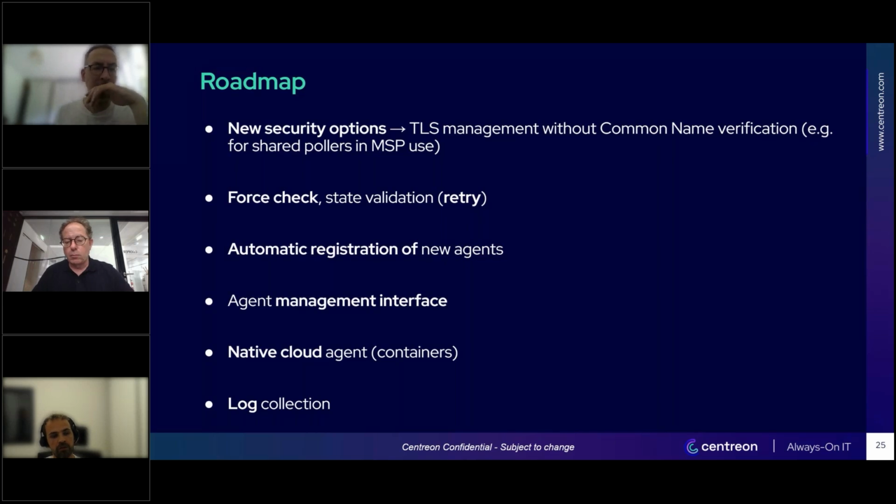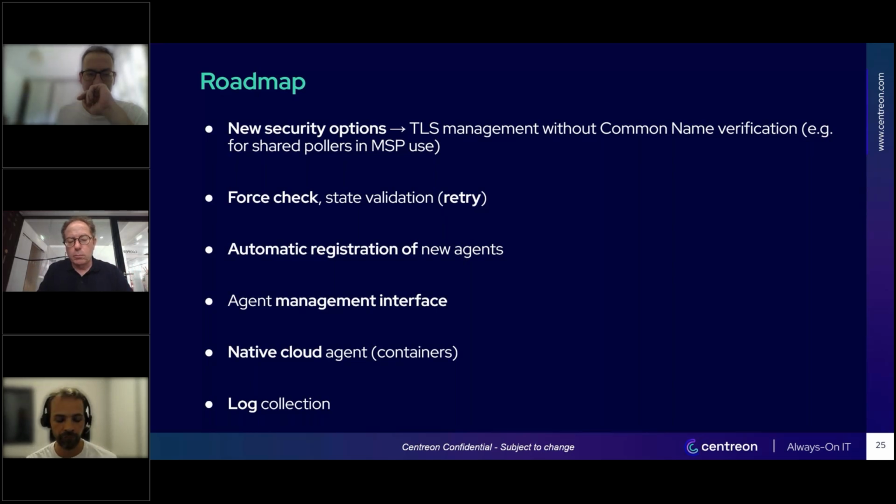So the first step after the GA will be to bring a new security option, which is what we call insecure TLS, which will be the ability to have a TLS connection without common name check.